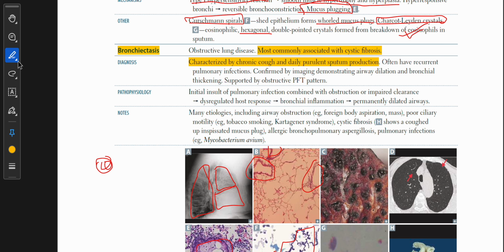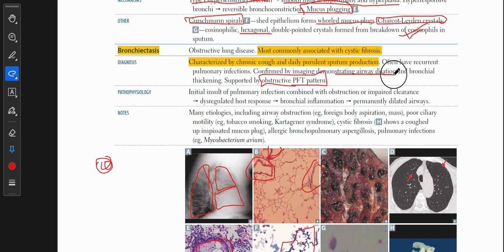This means there is an increase in RV, an increase in FRC, a decrease in FEV1, and a decrease in FVC. That is what it is, an obstructive pulmonary function test pattern. So it is confirmed by imaging demonstrating airway dilation, right? And also bronchial thickening.